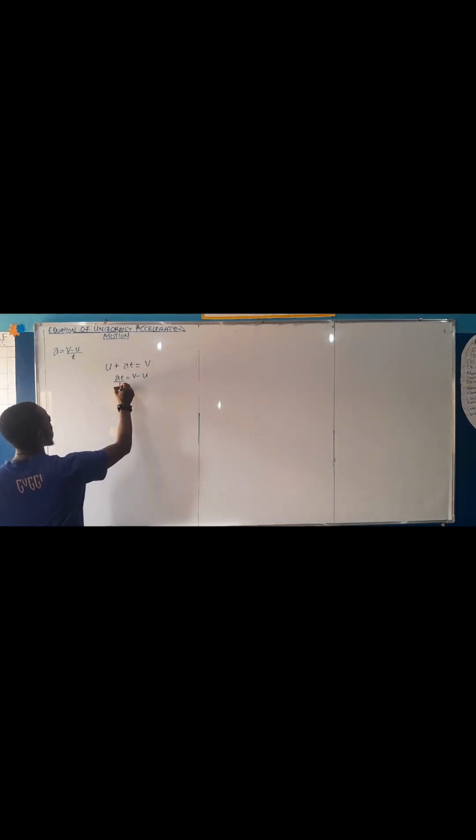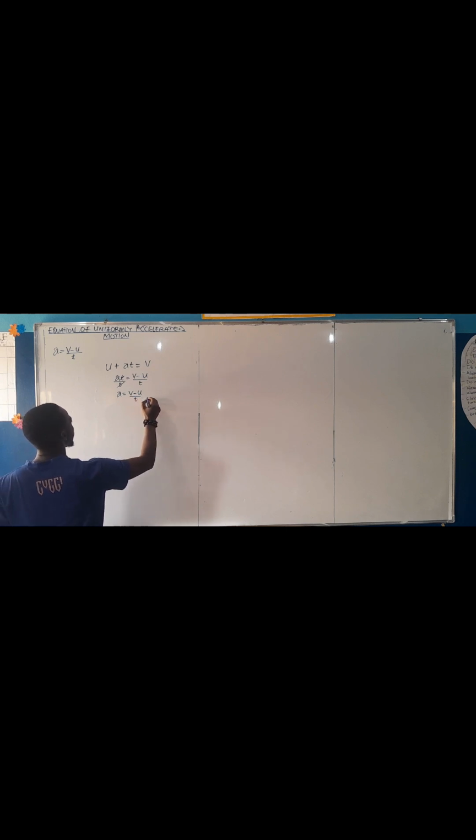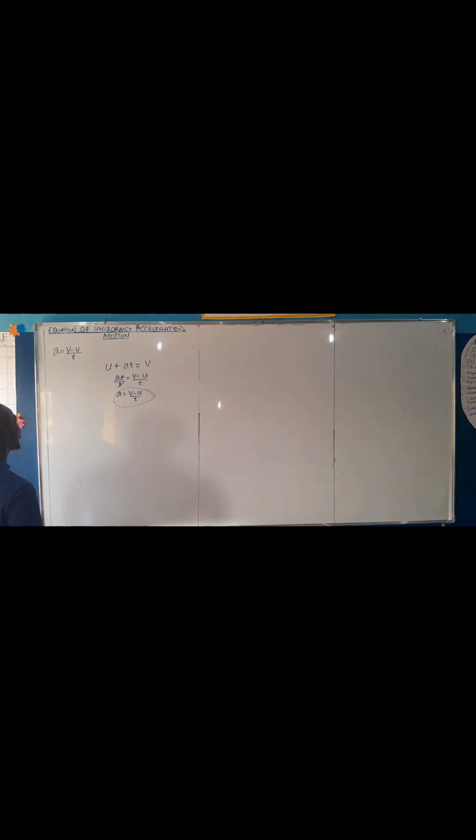If we divide both sides by t, because our a is equal to v minus u over t, this is the first equation of motion. Or you take it like this: v equals u plus at. Any way you want to represent it, that is the first equation of motion.